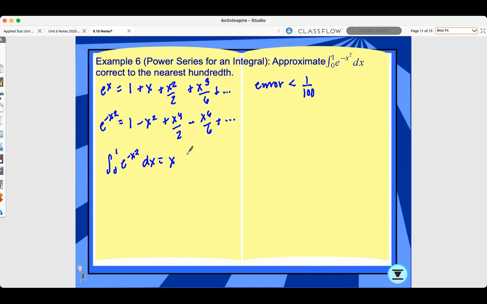So I'd have x minus x cubed over 3 plus x to the 5th over 10 minus x to the 7th over 42. And if I were to do the next one term by term, I would get plus x to the 9th over 216.